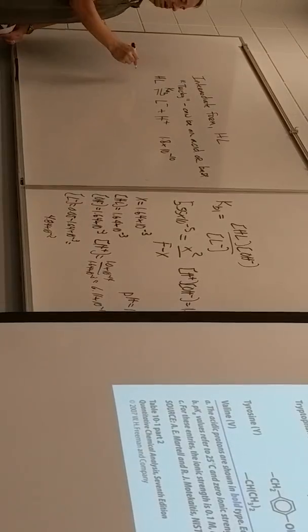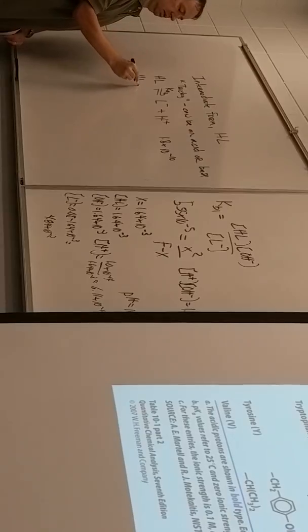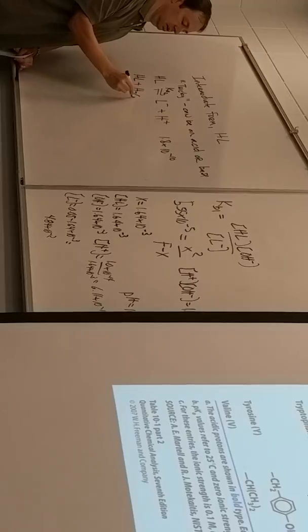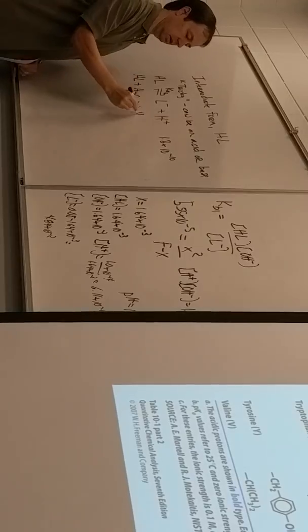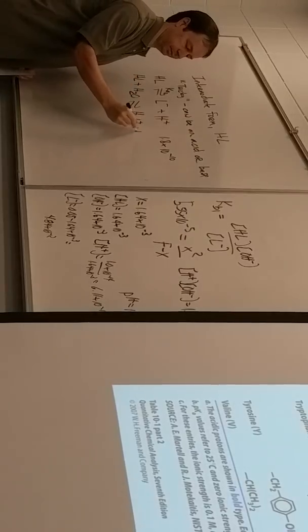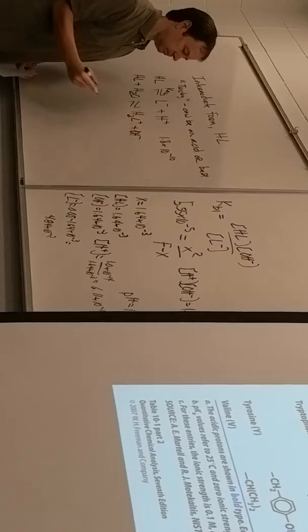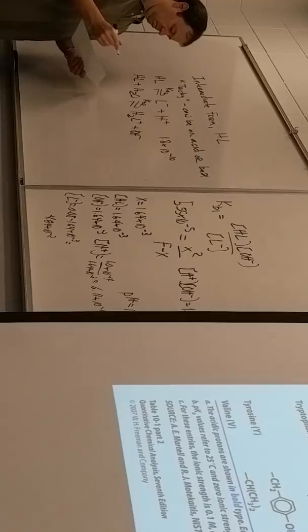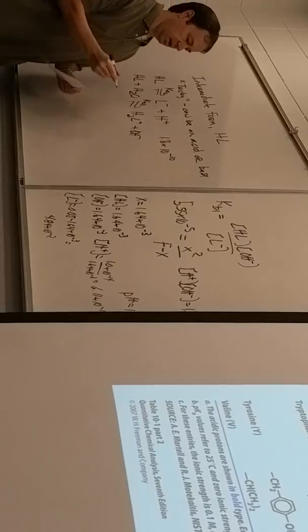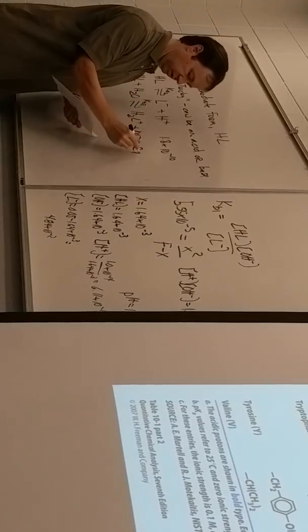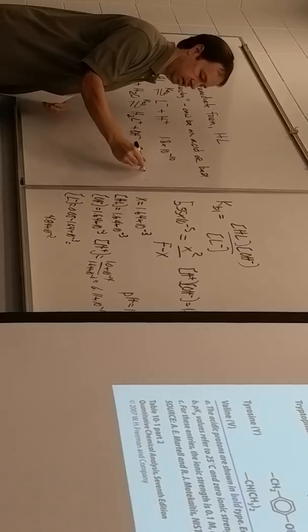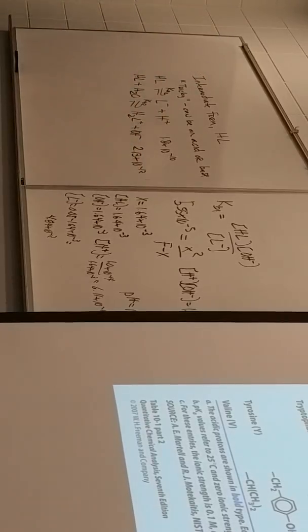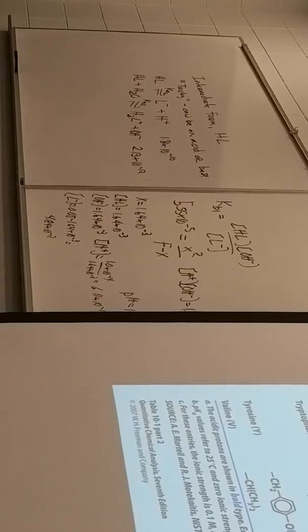What if HL says, all right, I'm not going to lose a proton, I'll gain one proton and reform the protonated form? That would be Kb2. And that one was 2.13 times 10 to the minus 12th. So one reaction is 10 to the minus 10th, the other reaction is 10 to the minus 12th.